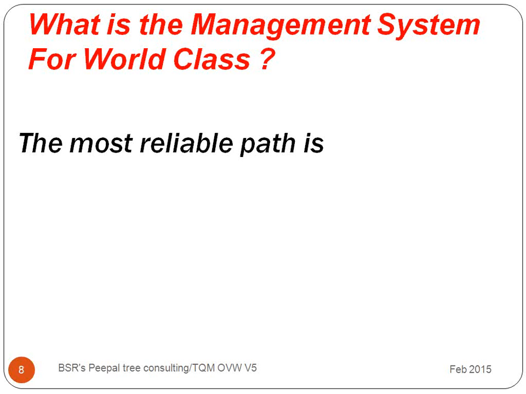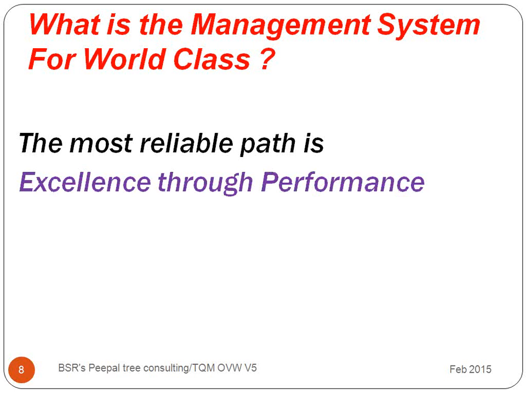And therefore, what is the management system for world class? The most reliable path that has been repeatedly proven, and as Dale Carnegie said in his book, time tested, organization tested management system which ensures world class: first and foremost, excellence needs to be achieved through performance.